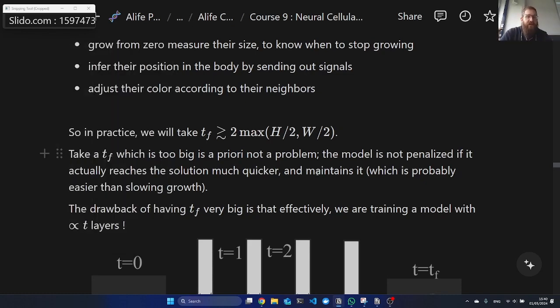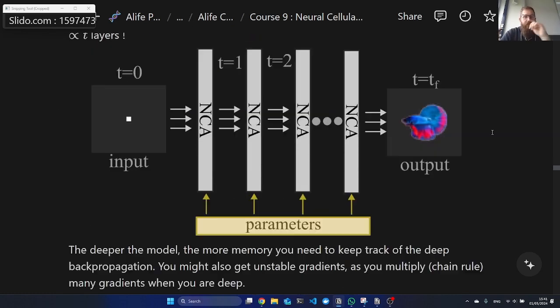But in practice, it brings some problems because this is kind of the shape of the neural network we are actually doing the machine learning on, right? So you start at t equals 0 from the input, and for each time you evolve, you send it through this neural network, which is the NCA, right? So if you evolve it for many, many times, you put one NCA, so one layer, each time you evolve it.